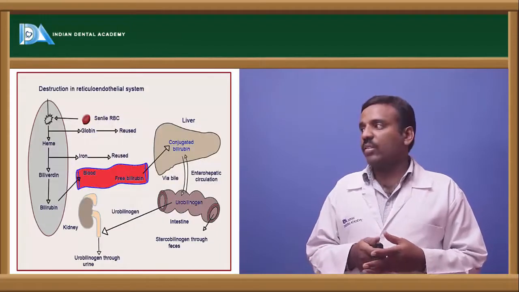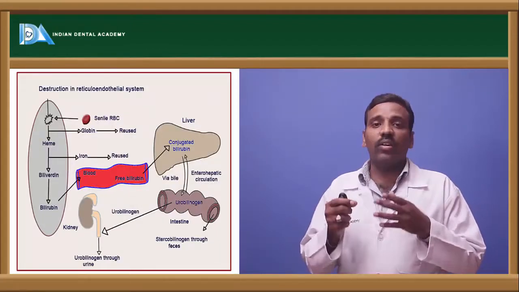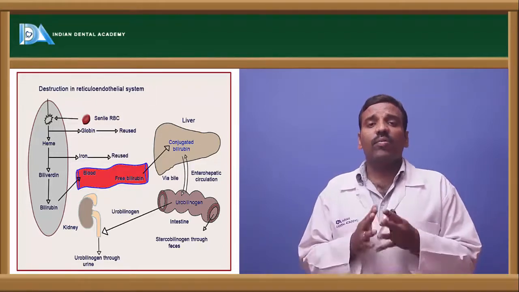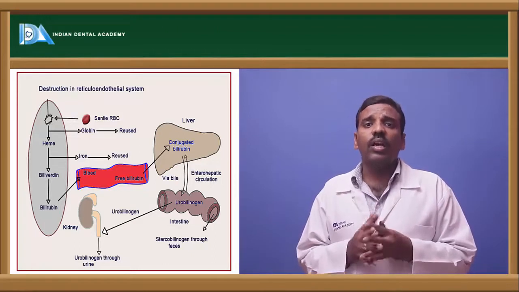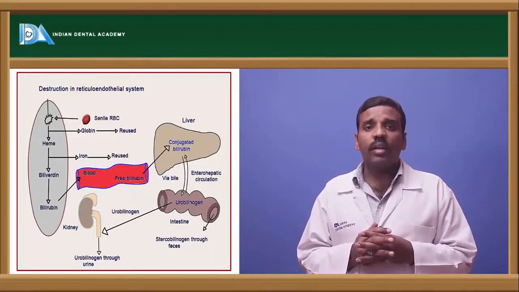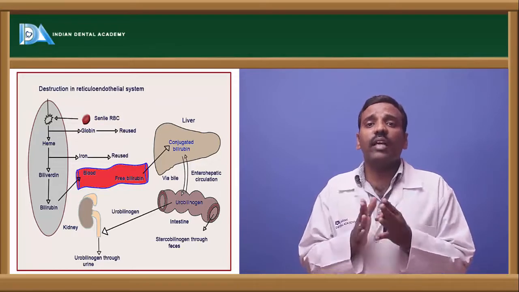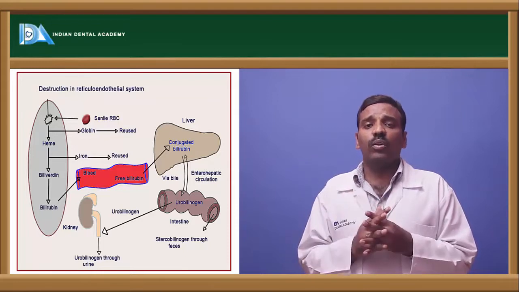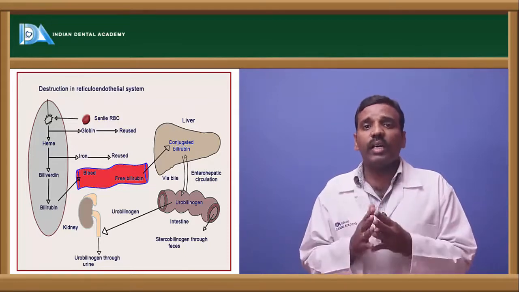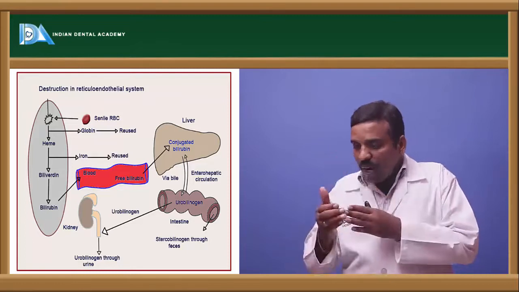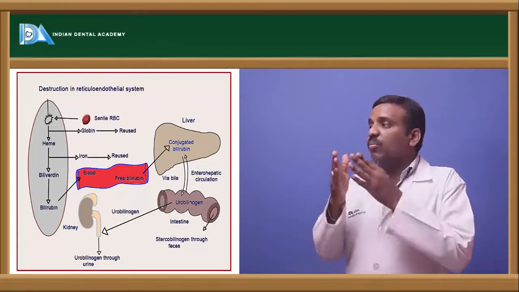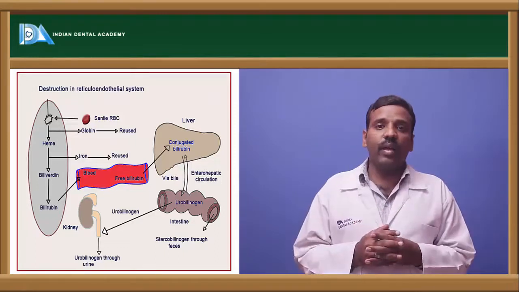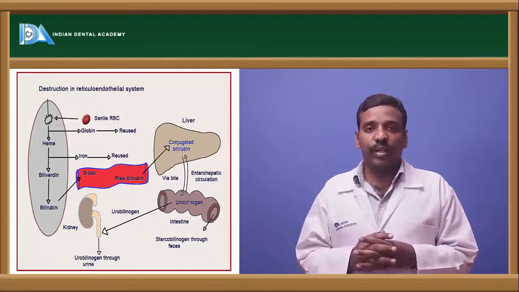Okay, and next, let's see how these bile salts and bile pigments are produced. When there is destruction of the RBC, hemoglobin comes out of the RBCs, and that hemoglobin is broken down into heme and globin. Globin is the protein part which undergoes protein metabolism, and heme is a color compound, and this heme part produces biliverdin, and next that biliverdin is converted into bilirubin and enters into the bloodstream.